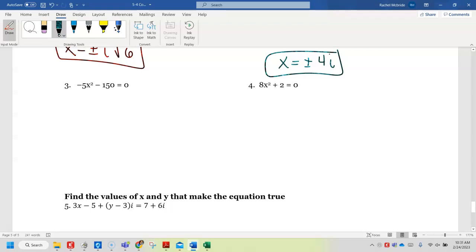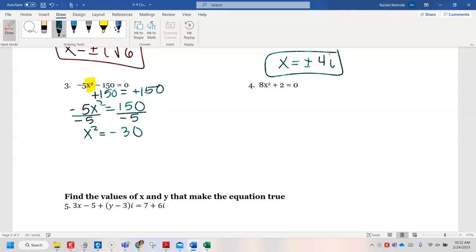In number 3, once again, isolate your x squared by adding and dividing. So you end up with x squared equals negative 30.